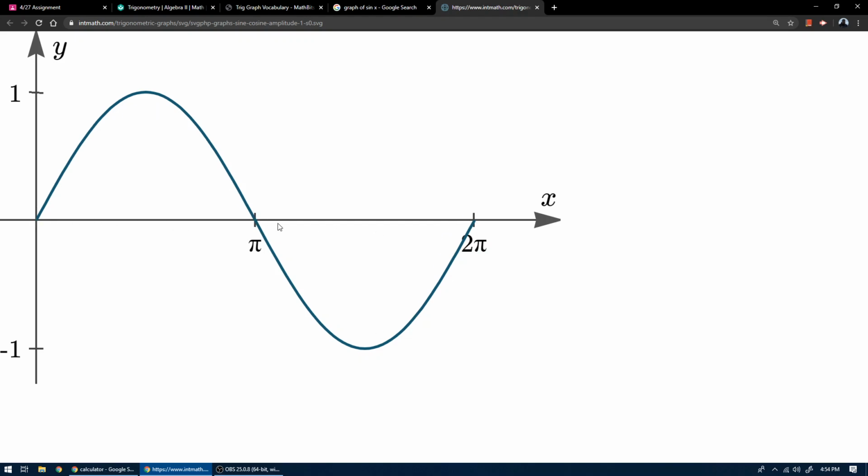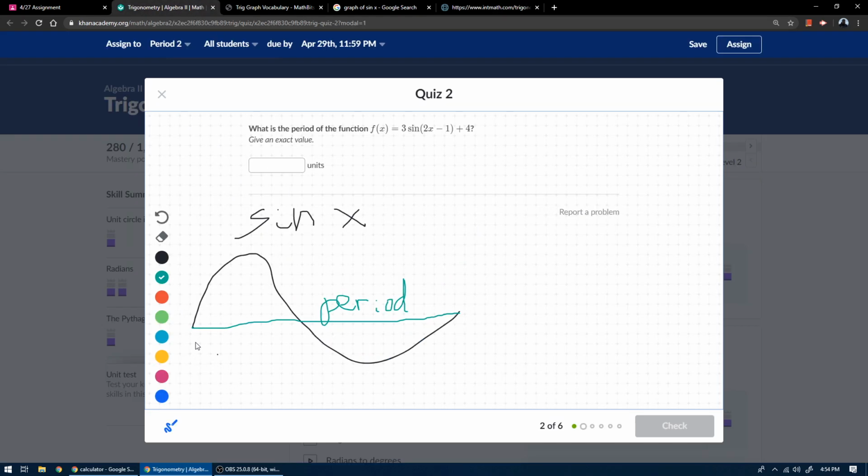This is one full cycle. What's the period? Well, this is 0 and this is 2 pi. The distance between 0 and 2 pi is 2 pi. So the period is 2 pi units. Okay, now that's for basic sine of x.